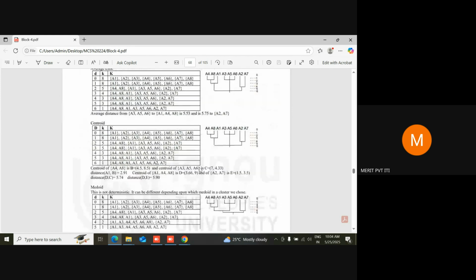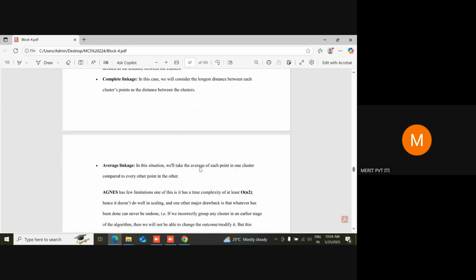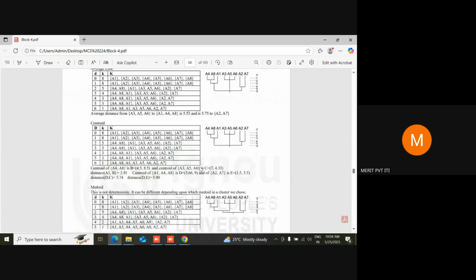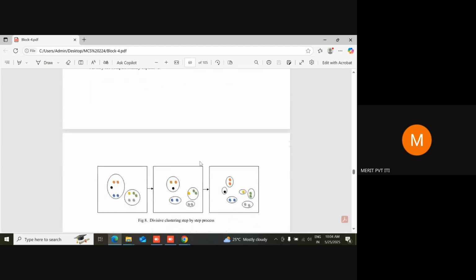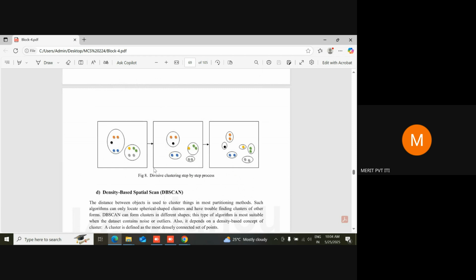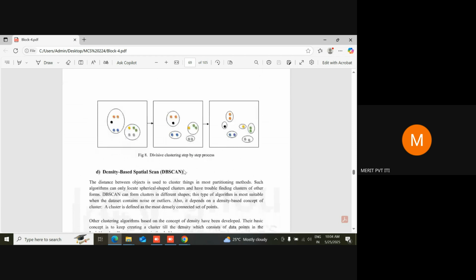Diana: this was Agnes, this is Diana. Diana basically is divisive analysis. That's where you can see dividing in a top-down process.